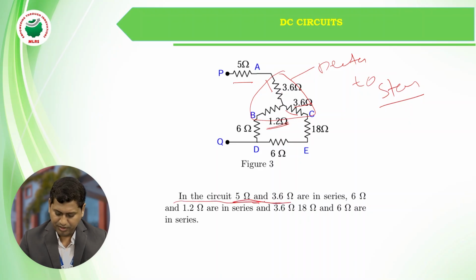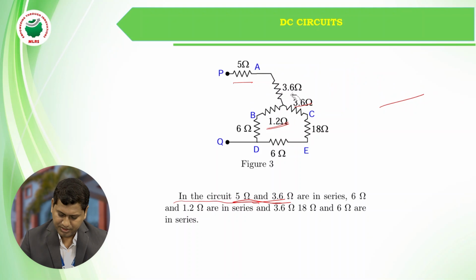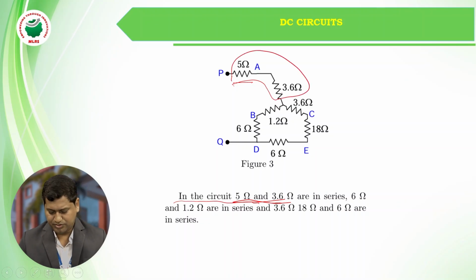From this circuit, 3.6 and 5 are in series. And 6 ohm and 1.2 ohm are in series.